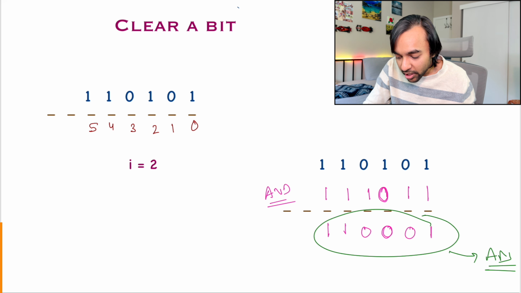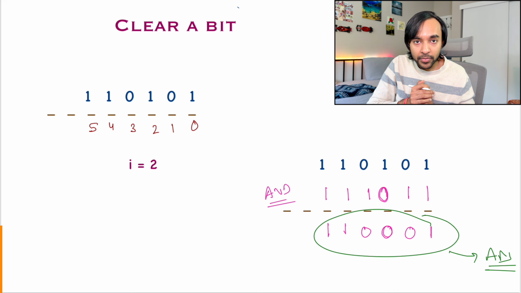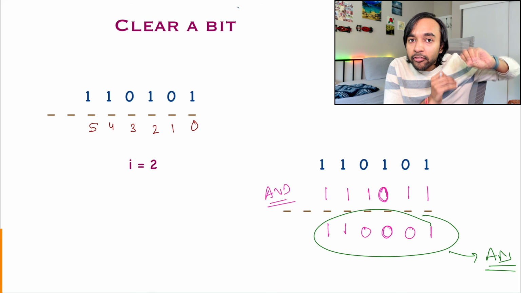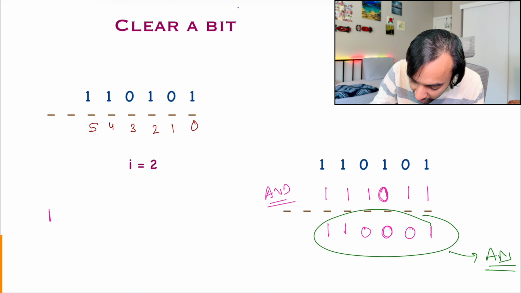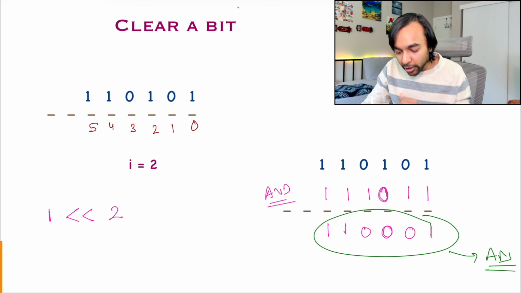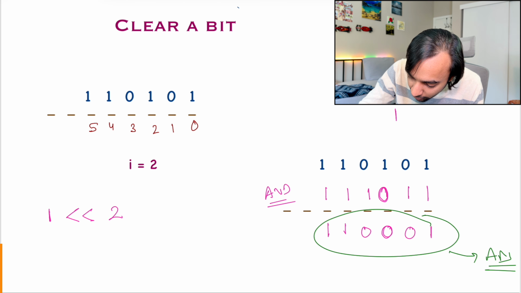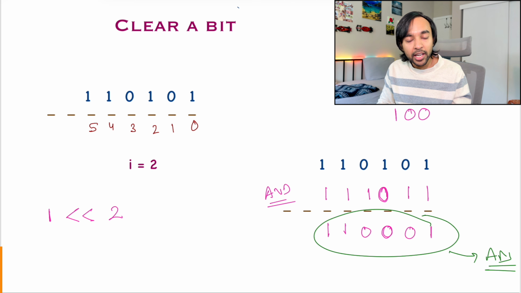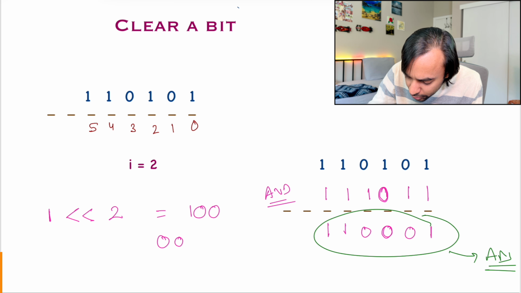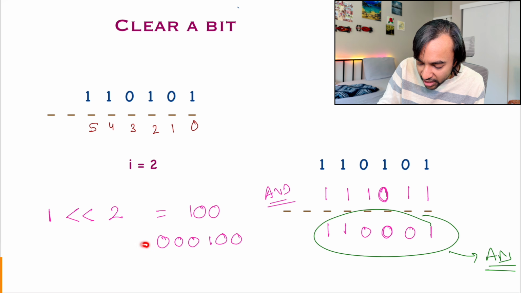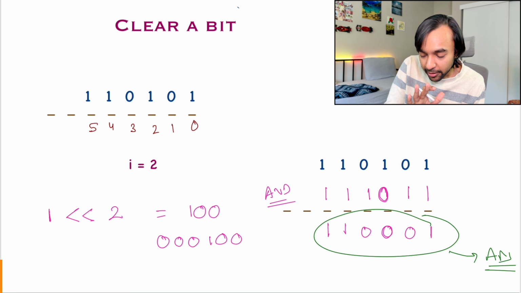But the challenge over here is, how do you get this result? What were we doing when we had to set a bit? We took the value of 1 and then we did a left shift of 2. If we do that, the result is 1, 0, 0, correct? If you try to think about it, I can also write it as 0, 0, 0, 1, 0, 0, right? I can add as many zeros as I want towards the left, right?